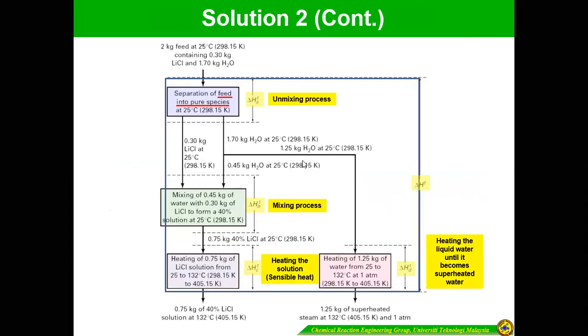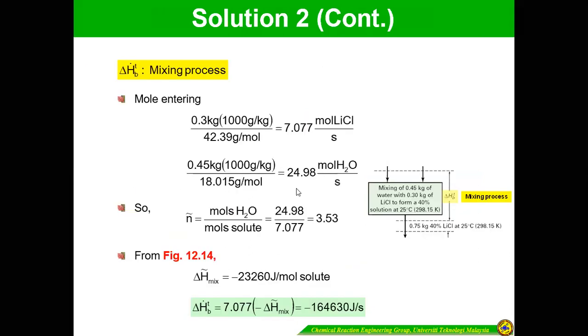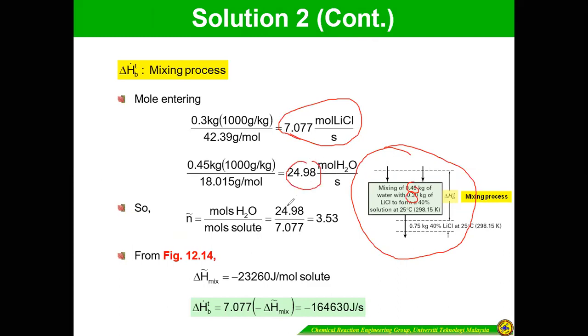And then for the mixing process HB, this one is the mixing. If you remember, the reactor is entered with 0.5 and 0.3. Just calculate the number of moles for the lithium chloride and the number of moles for H2O, and determine the n bar. We want to refer to figure 12.14, just around 3.5 moles.